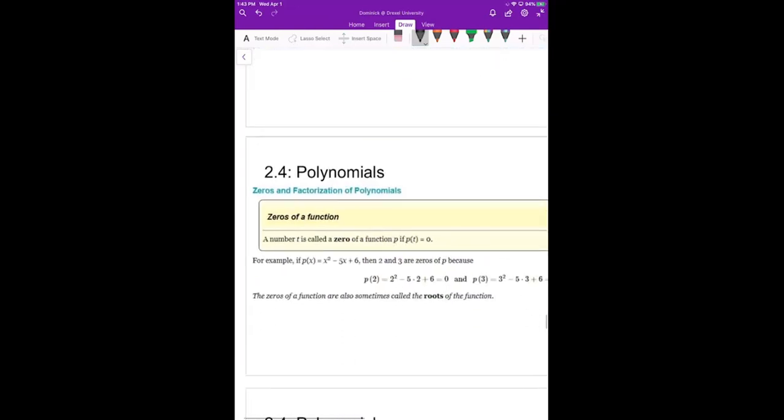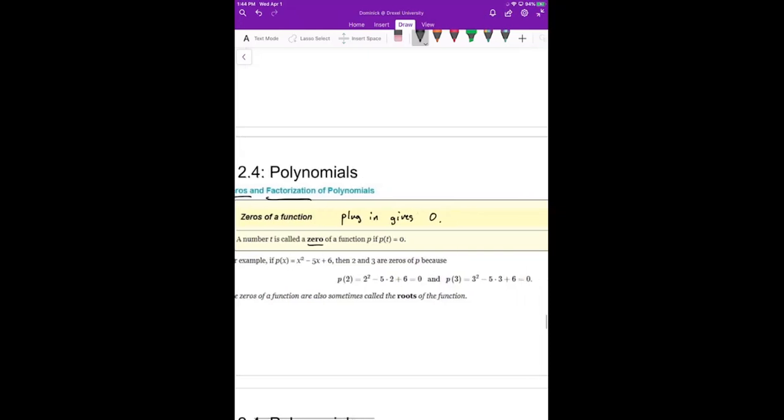Okay. Now, the next thing that we need to talk about is what we mean by a zero of a polynomial and the factorization of a polynomial. Now, we say that a number is a zero of a polynomial if plugging it in produces 0. So in English, this means plugging in gives 0. So that's what we mean when we have a 0.